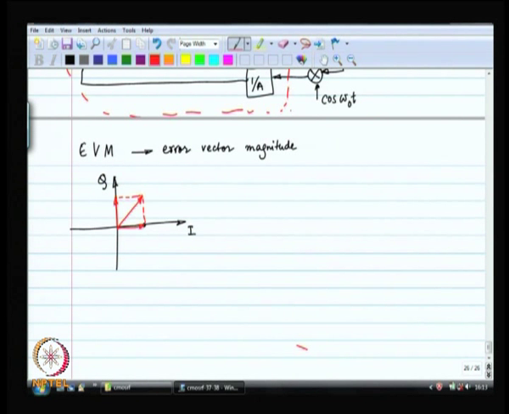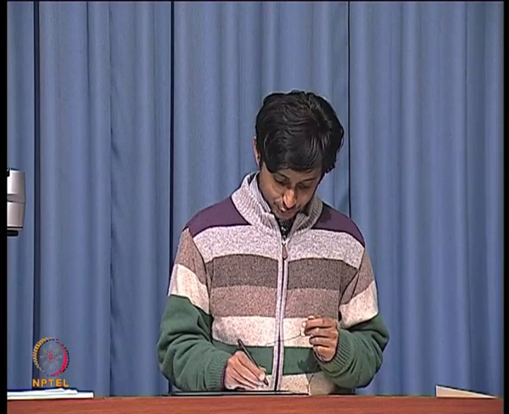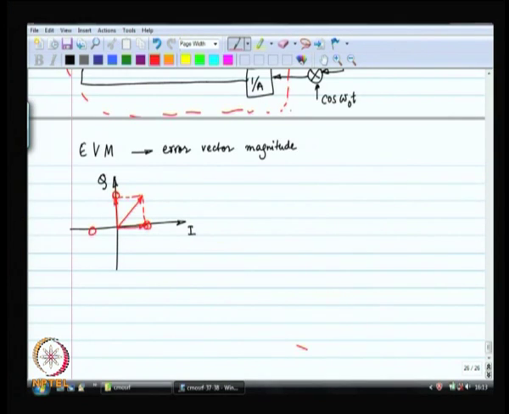All right. Now, in your communications books you will see a constellation diagram. Suppose you are doing something like binary phase shift key, then your constellation diagram will have these 4 points.